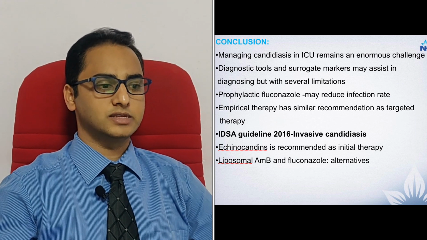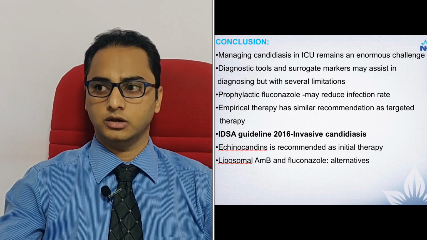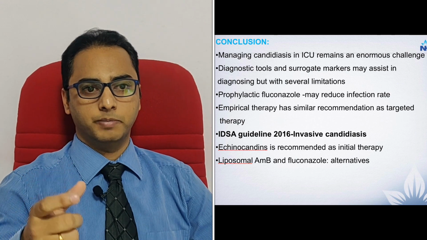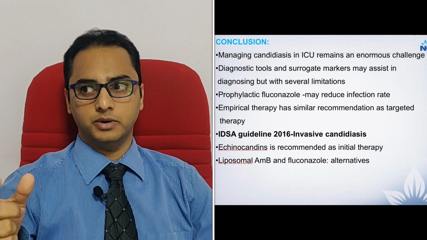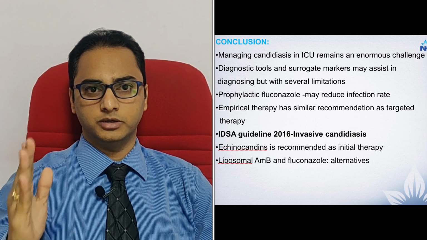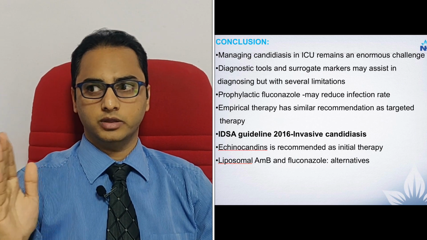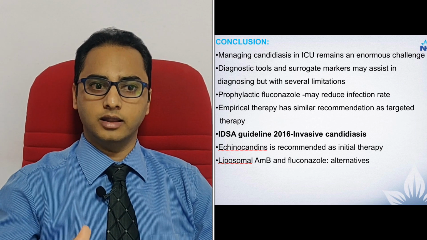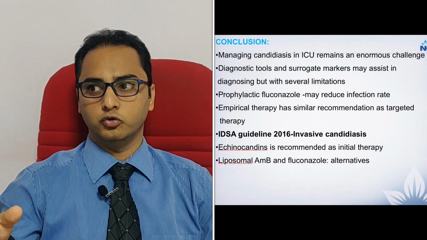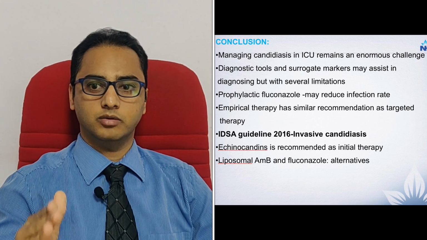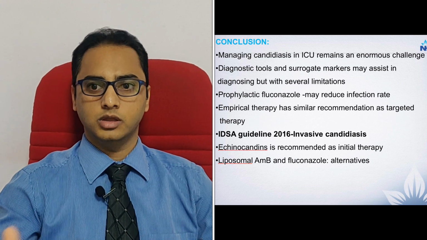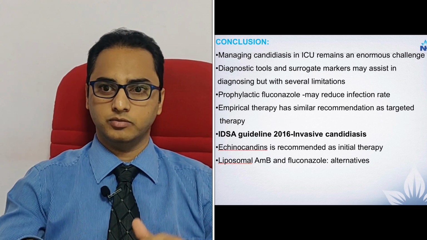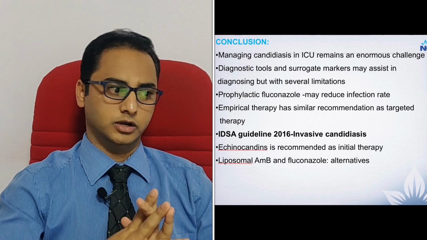Empirical therapy has a similar recommendation as targeted therapy, because empirical therapy choice depends upon factors like whether the patient is neutropenic, hemodynamic stability, and whether the patient received azoles or not. To add on, for definitive therapy we use the criteria of whether the patient has Candida glabrata or krusei. So almost the same selection criteria remain for empirical and definitive therapy.